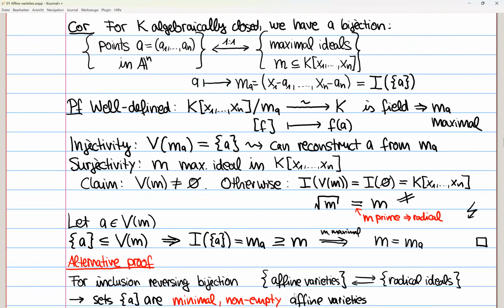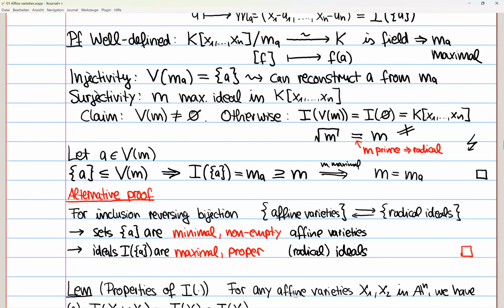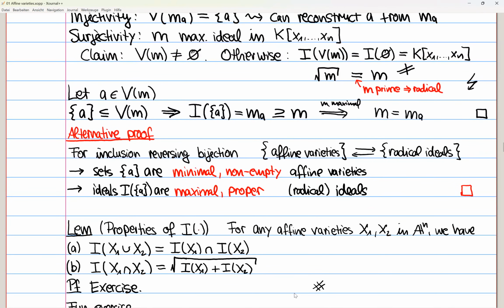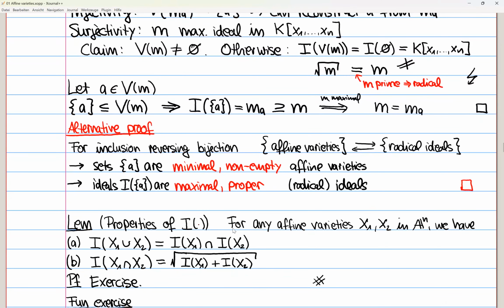So this was one consequence, and then another is that we can now upgrade some of our properties of this ideal of vanishing things. Namely, if you give any affine varieties x1 and x2 in A^n, then we can say what the ideal both of their union and of their intersection is.